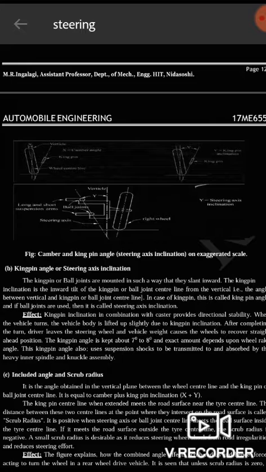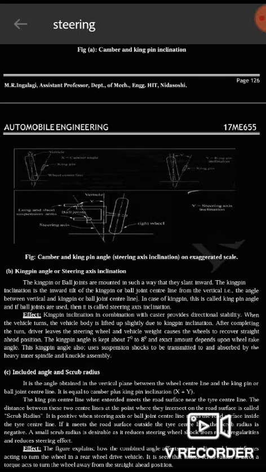Effect: kingpin inclination in combination with the caster provides directional stability. When the vehicle turns, the vehicle body is lifted up slightly due to the kingpin inclination. After completing the turn, when the driver leaves the steering wheel, the vehicle weight causes the wheels to recover to the straight-ahead position.